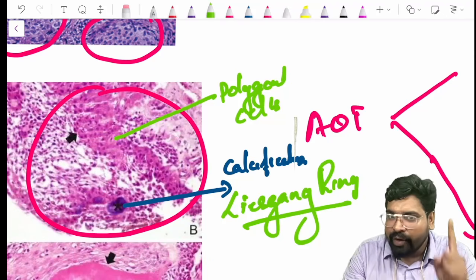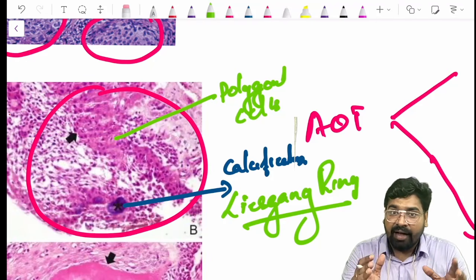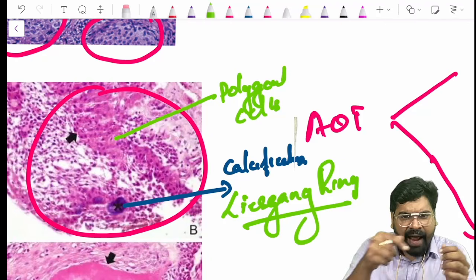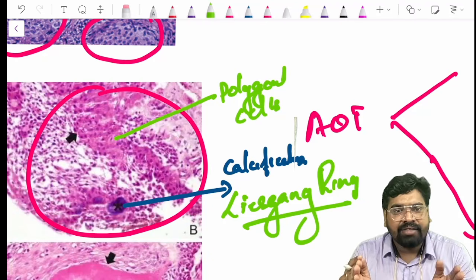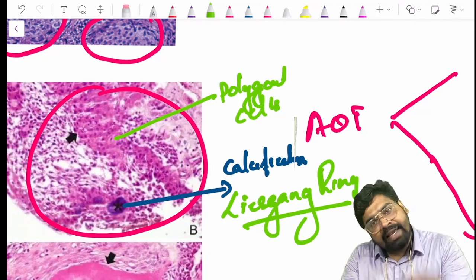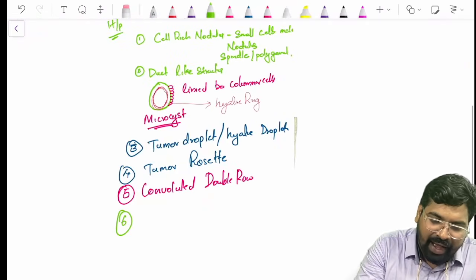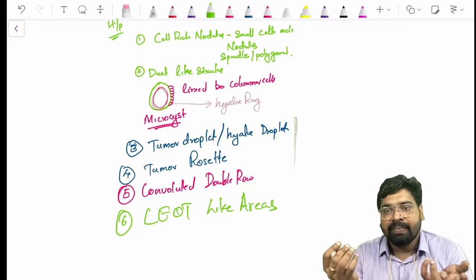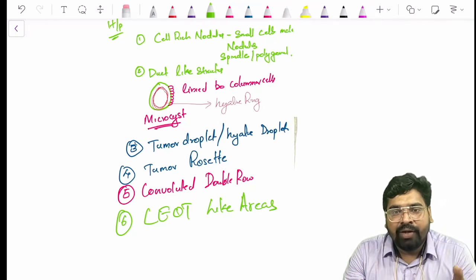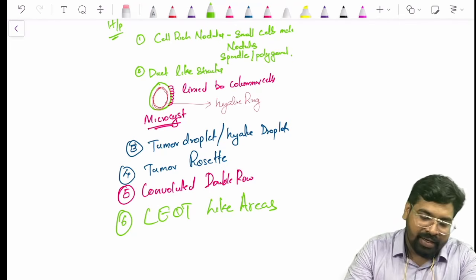So please remember, in AOT you can see certain areas with polygonal cells and Liesegang rings just like a CEOT, and those areas are called CEOT like areas. So what is our sixth point? We have CEOT like areas. So in AOT you have CEOT like areas.